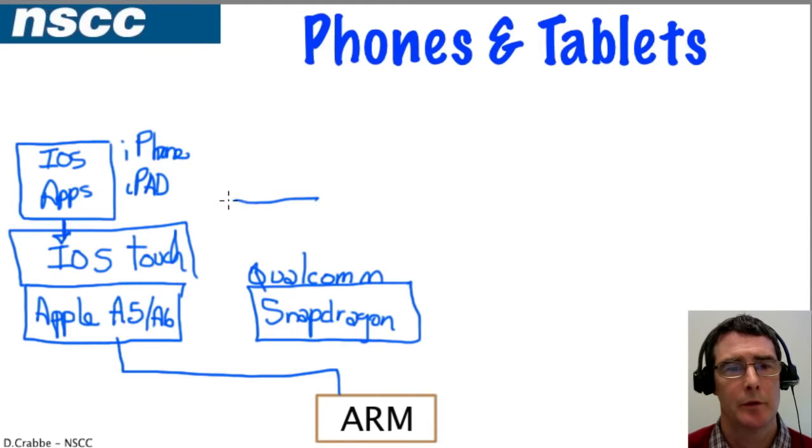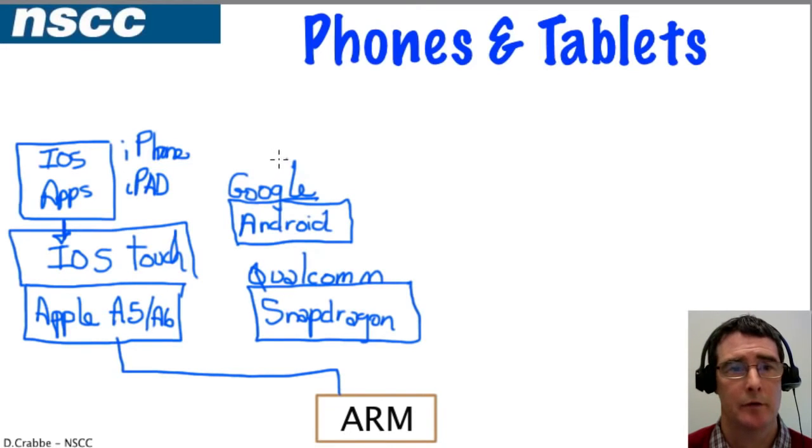These are the CPUs that Android from Google used as the basis for their operating system. And Android is on smartphones from Samsung, LG, and on tablets. So here we need Android apps which can run on these devices.